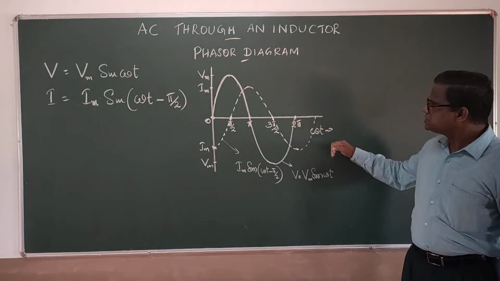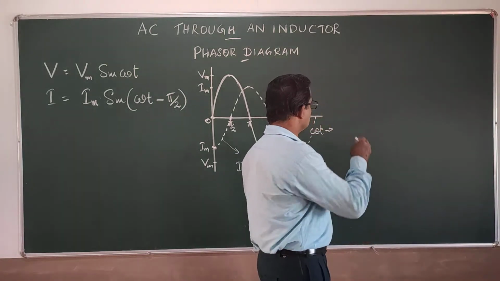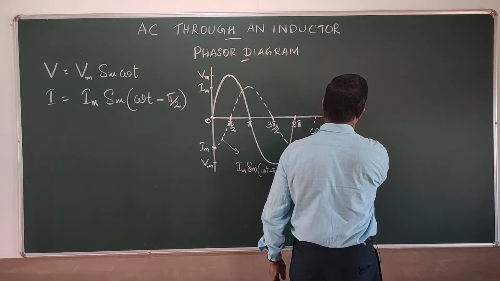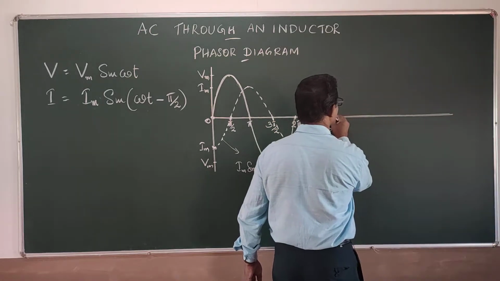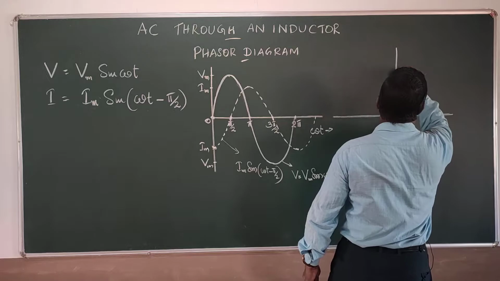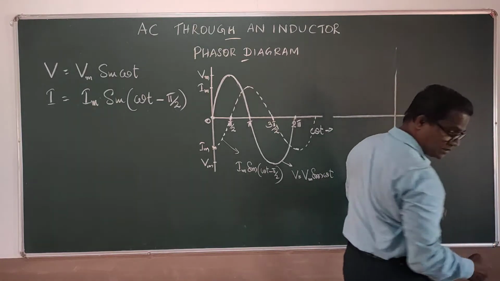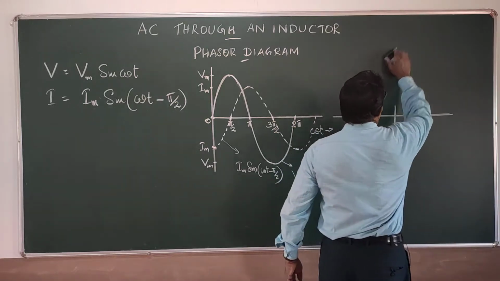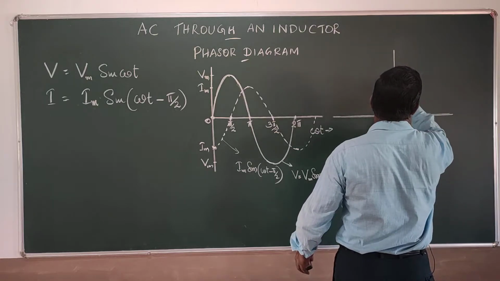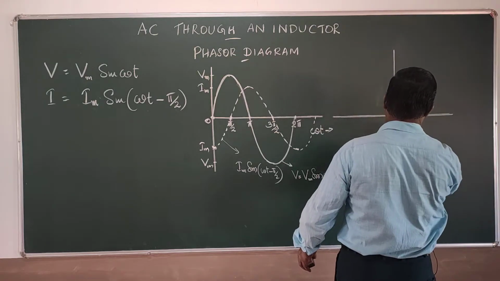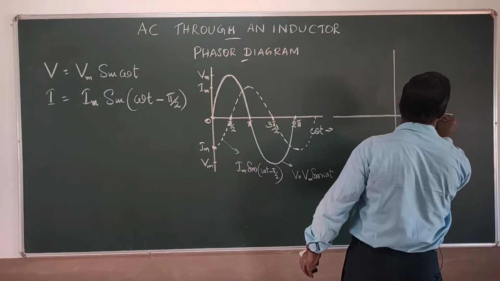Now compared to this, we have to discuss the phasor diagram. So to draw the phasor diagram, I am taking the reference here as 4 quadrants. 4 quadrants I have taken.